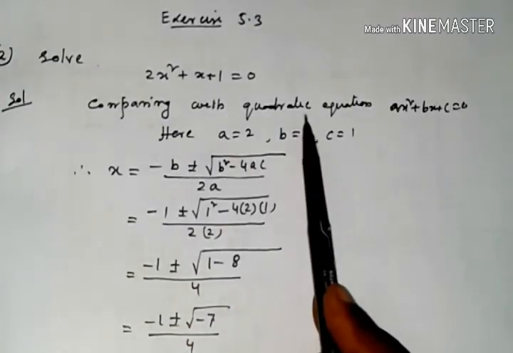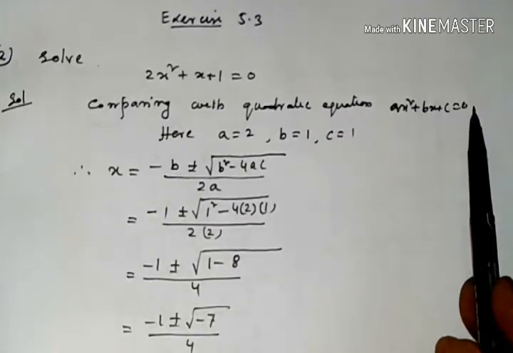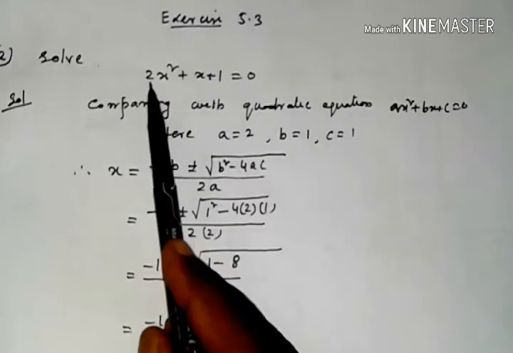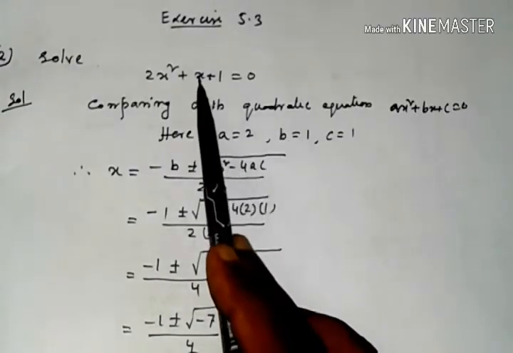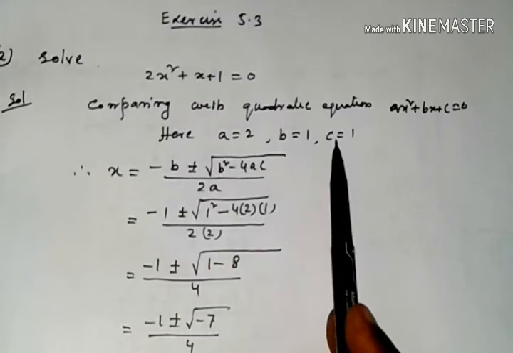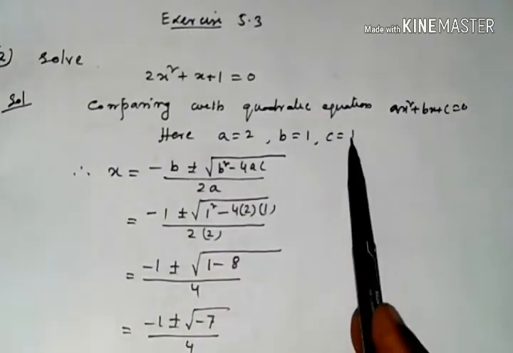Comparing this with the quadratic equation ax² + bx + c = 0, we get a = 2, the coefficient of x² here, the coefficient of x is 1, and the constant term is 1.